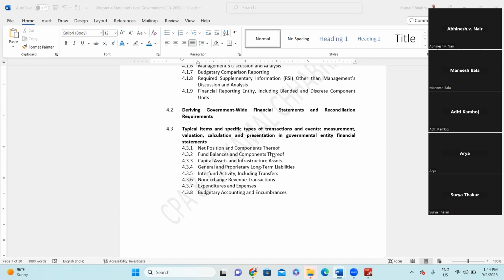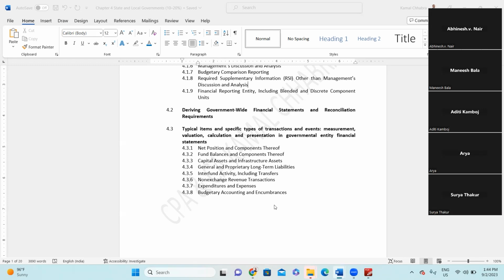So that all comes in the capital asset. But there is a separate classification between capital asset and infrastructure asset. From the government point of view, what is an infrastructure asset? The railways, bridges, roads, airports, all these things.